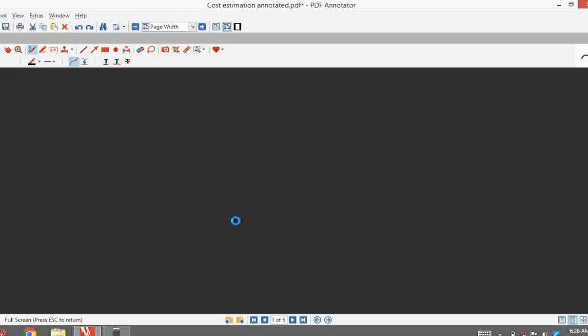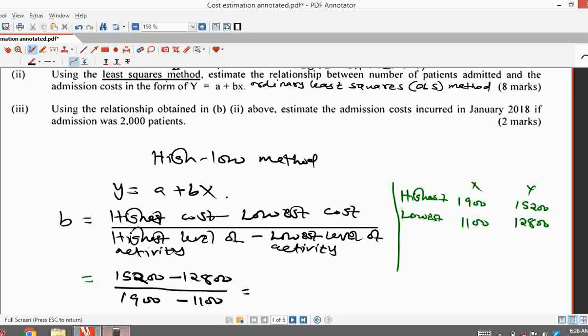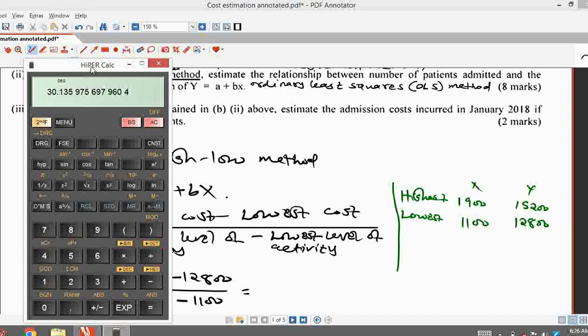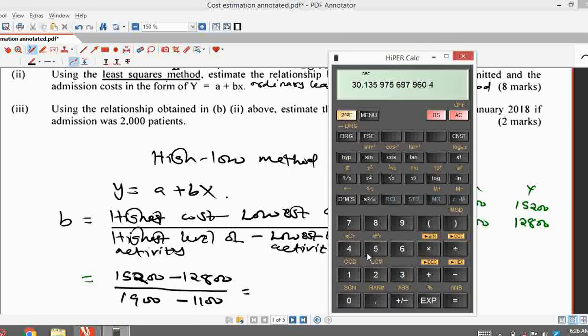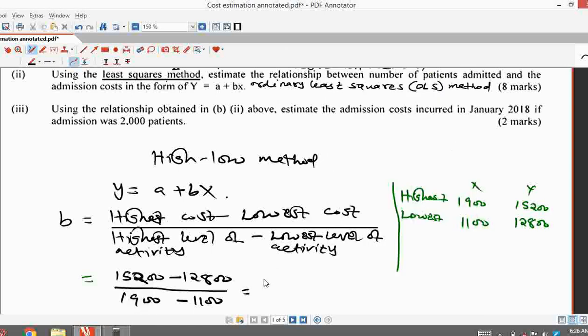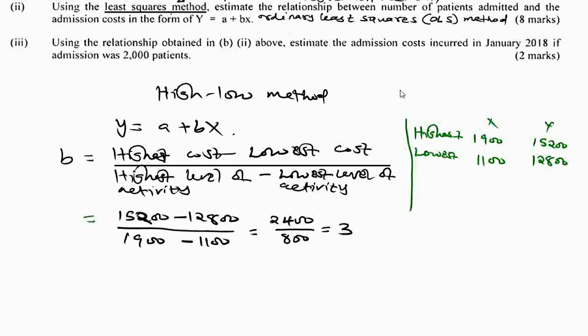We can use our calculator. 15,200 minus 12,800 gives us 2,400. So that is 2,400 divided by, of course, that is 800. Now when you do that, that gives you 3. We now have our value of b.